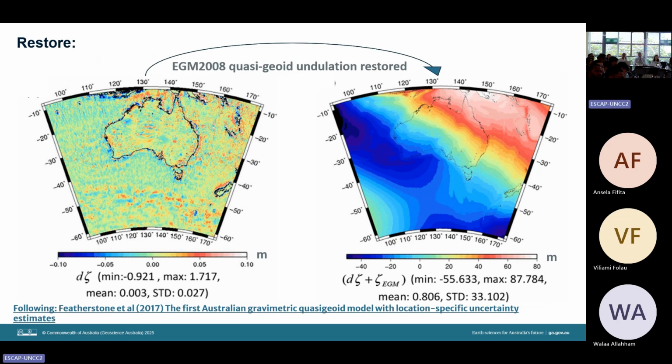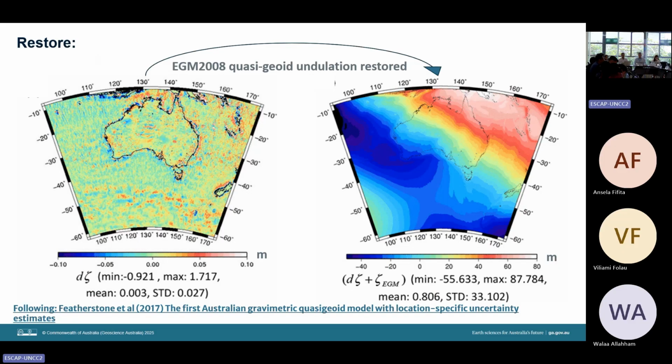So yeah, the final step is the restore step, which is really putting that long wavelength information back in. We take our high resolution residual geoid surface we just computed and simply add back the EGM 2008 geoid undulations that we removed at the start.